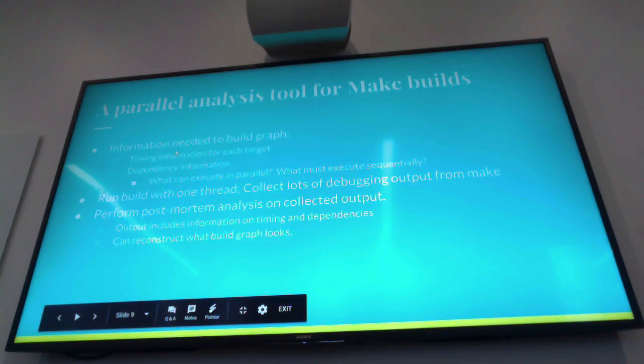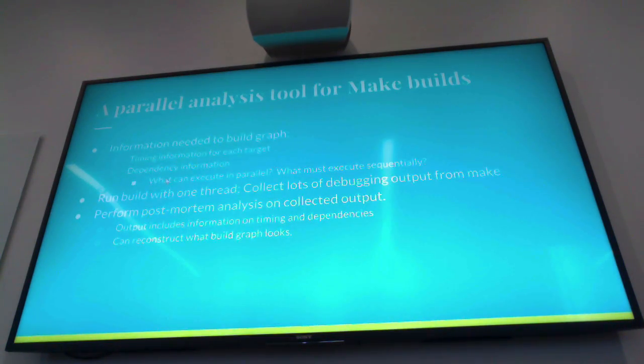Okay, so the information we needed to build this graph was timing information for every target in our build system, and we needed dependency information as well, so what can execute in parallel and what can execute sequentially. To collect this information, instead of doing the compiler instrumentation that I just mentioned, I do a post-mortem analysis, which means that make will print out lots of debugging information if you run it with the right flags and do some other stuff.